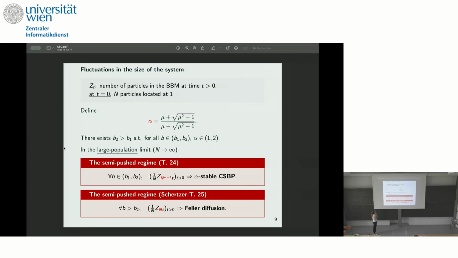Okay, so now I can talk about the fluctuations in the size of the BBM.